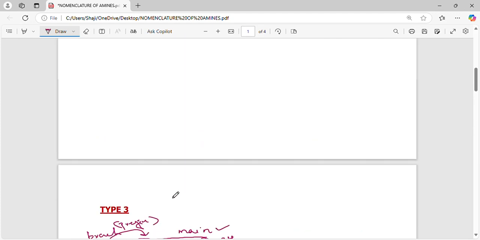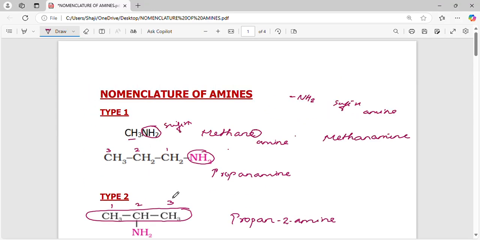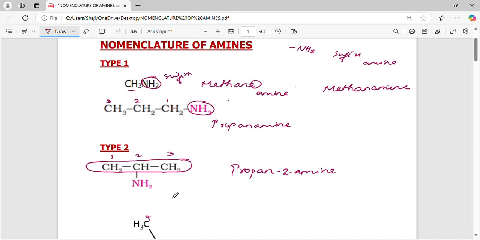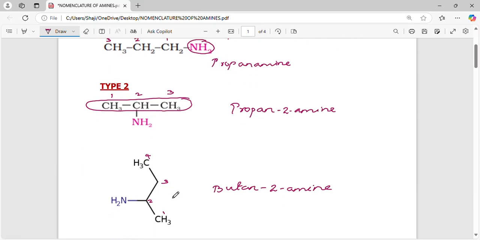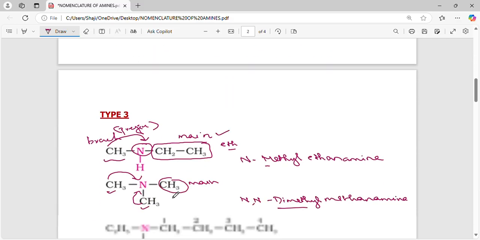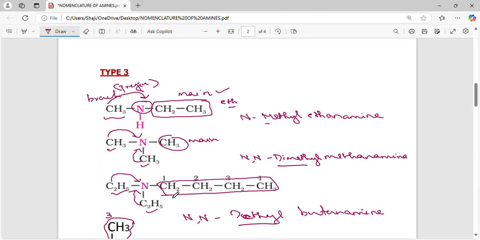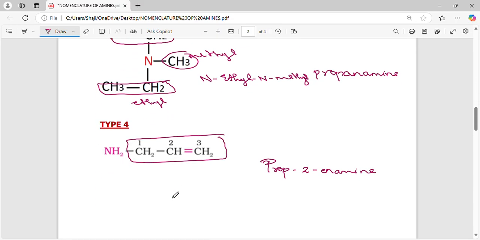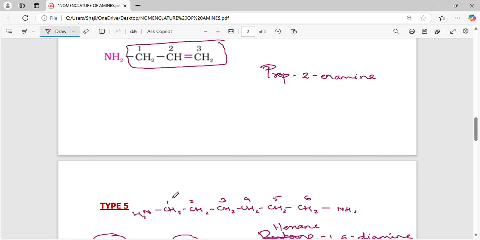So the organic compounds with the functional group. Type 1 I have discussed, amino groups attached at the terminal position. Type 2 is the amino group coming as a branch. Type 3 is nitrogen coming in between the carbon chain. Type 4 is the amino group with the alkene chain.